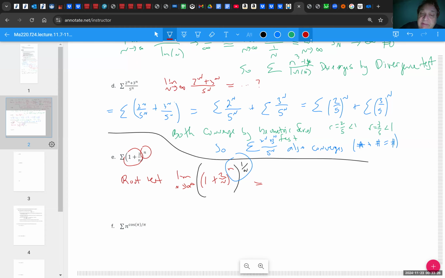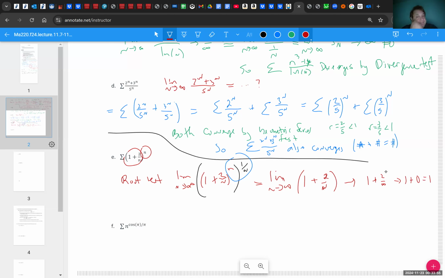So I end up with just the limit as n goes to infinity of this base, 1 plus 2 over n.